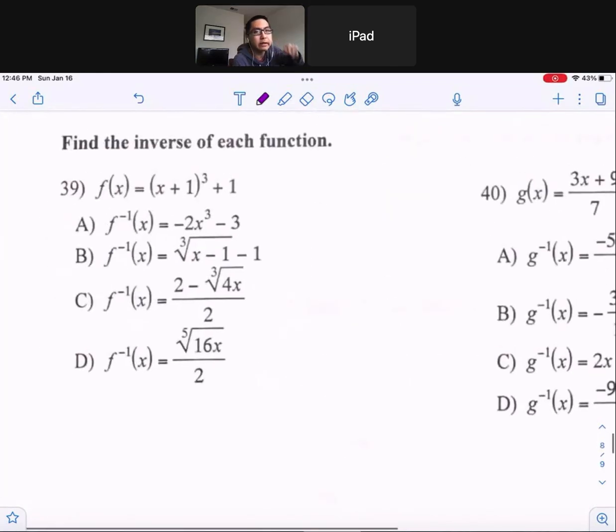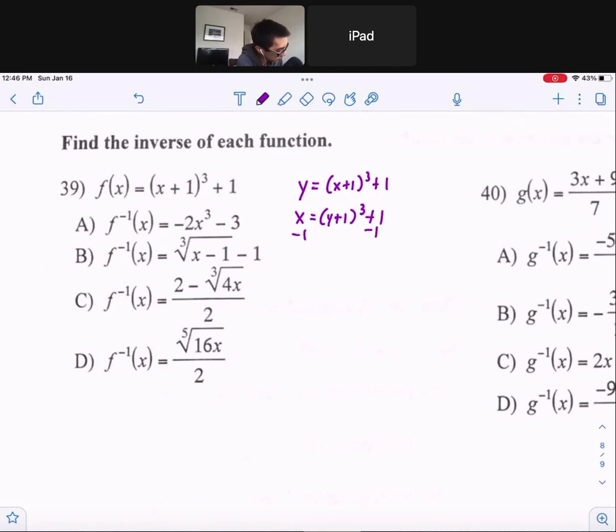And lastly, inverse function. So set the function equal to y. Then switch the variables. And now solve for your new y. Subtract 1 from both sides. To get rid of this third power, you cube root both sides.